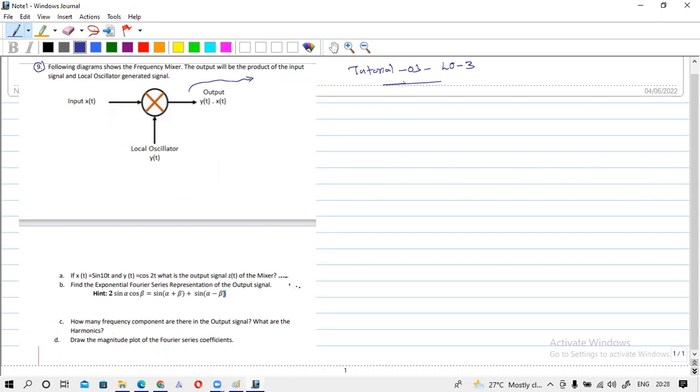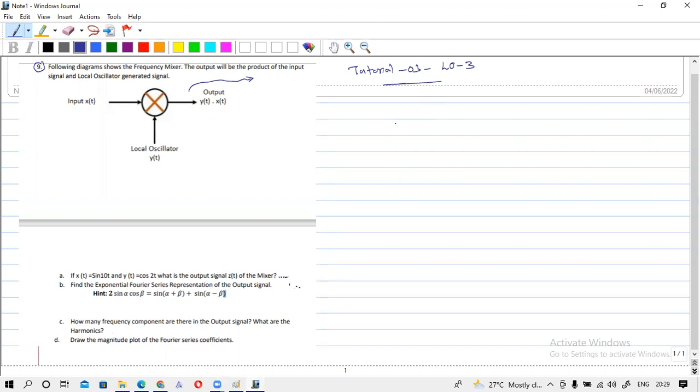There are many kinds of mixers, RF mixers and signal mixers, used in communication systems, in microwave communication, RF communication, and many other applications. This kind of question will give you an idea of how we can use our basic signal and system knowledge to analyze or study this kind of component.